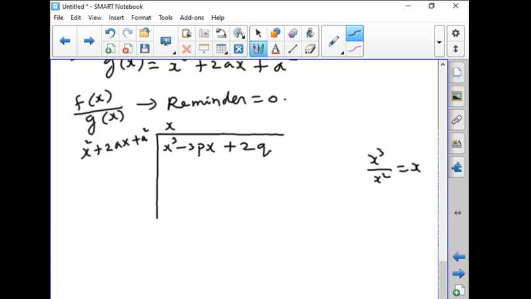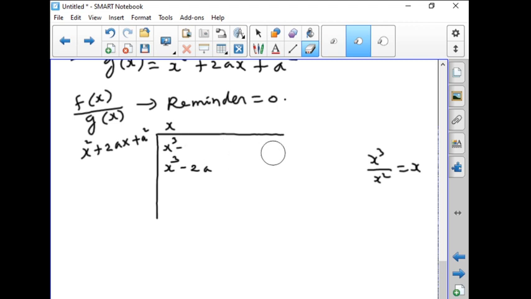Now multiply with each term: x cube plus 2a x square plus a square x. Here we are not having an x square term, so when you write, you should look into that.